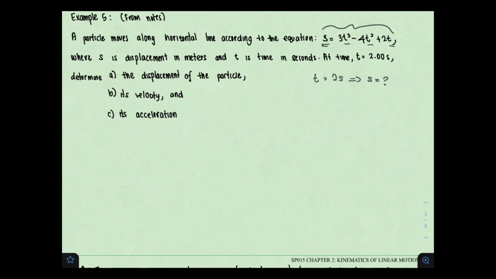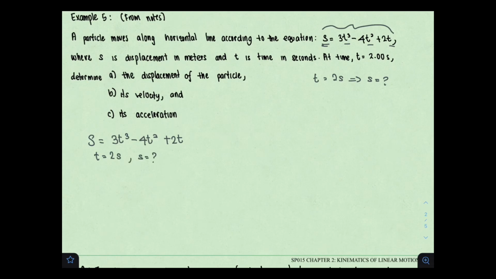Okay, so dia kata at 2 second determine the displacement of the particle. So kalau kamu tengok, kamu dah ada equation displacement sama dengan 3t cube tolak dengan 4t square campur dengan 2t. Okay, so sekarang bila dia cakap at t is equals to 2 second, apa jadi kepada S?